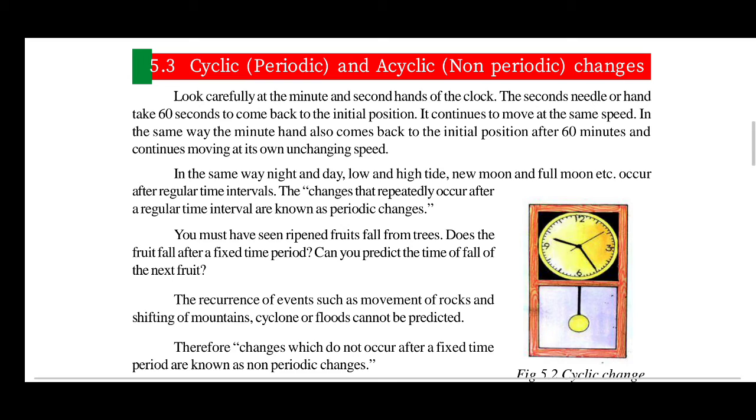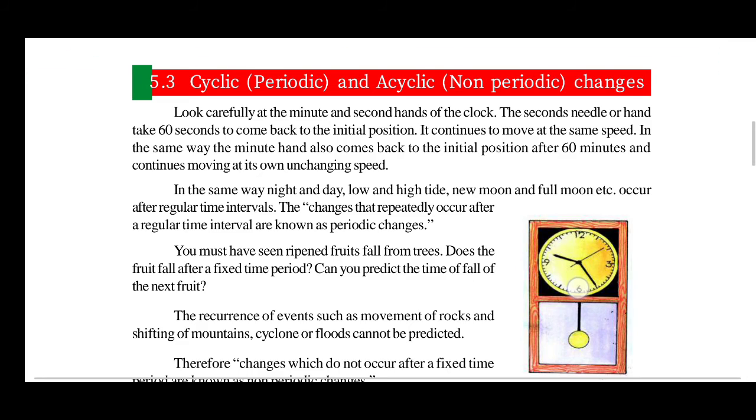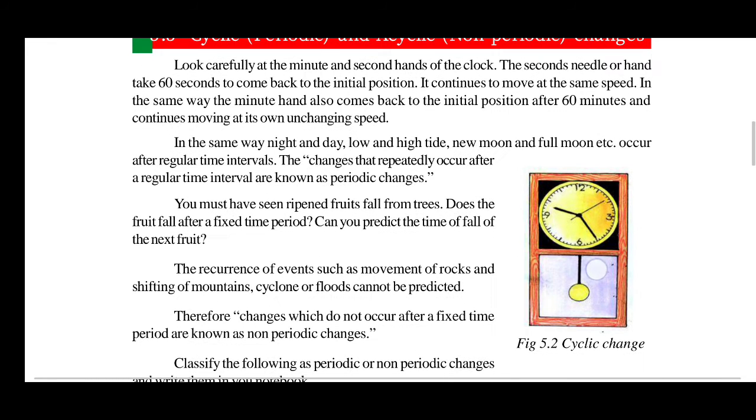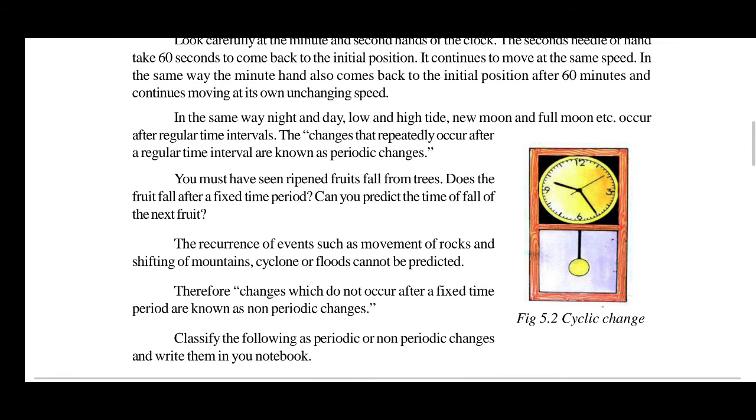Now let's see cyclic, periodic and acyclic, non-periodic changes. Look carefully at the minute and second hand of the clock. The second hand takes 60 seconds to come back to the initial position, moving at the same speed. In the same way, the minute hand comes back to the initial position after 60 minutes, moving at its own unchanging speed. Similarly, night and day, low and high tide, new moon and full moon.